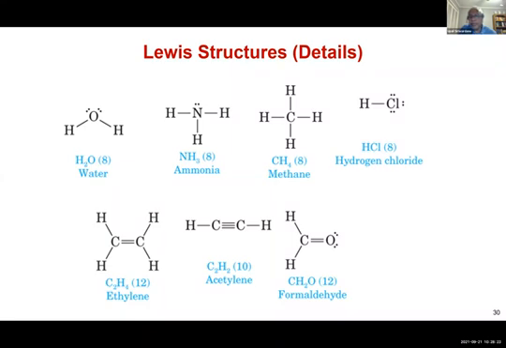Then you put 2 non-bonding electron pairs on oxygen. So a double bond between C and O, and everybody is happy. Carbon has octet, oxygen has octet, hydrogen has duet. So that's how you get the Lewis structure.